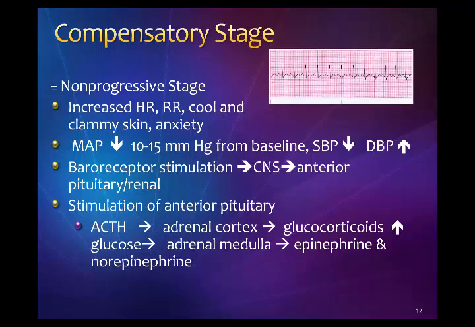And then what we see is what we call a narrowing of the pulse pressure. So the diastolic blood pressure is going up and the systolic blood pressure is coming down. So there's very minimal space between those two. That's called a narrowing of the pulse pressure.